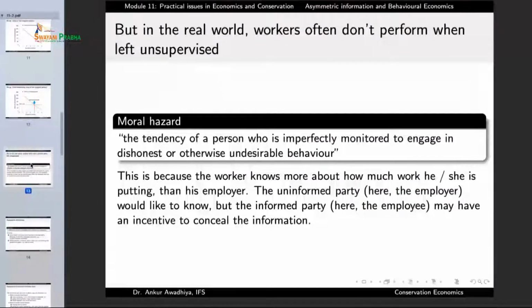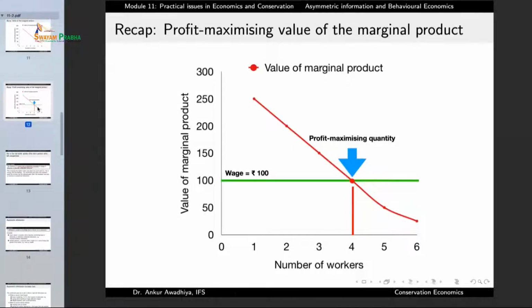This is because of things such as moral hazard. Moral hazard is the tendency of a person who is imperfectly monitored to engage in dishonest or otherwise undesirable behavior. Now, when we were making these models, we never talked about monitoring.